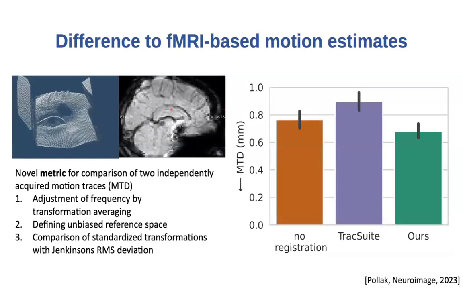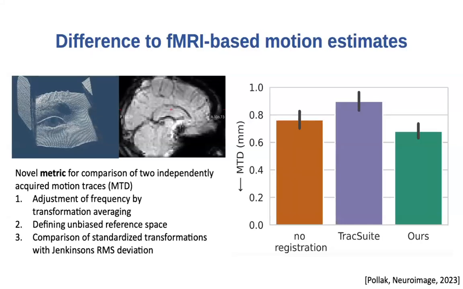What we see then is that we take no registration as a baseline, where zero motion is estimated. Tracksuit is the vendor-supplied method, and our method is here in green. MTD is the motion trace difference, which is the measure introduced by us.